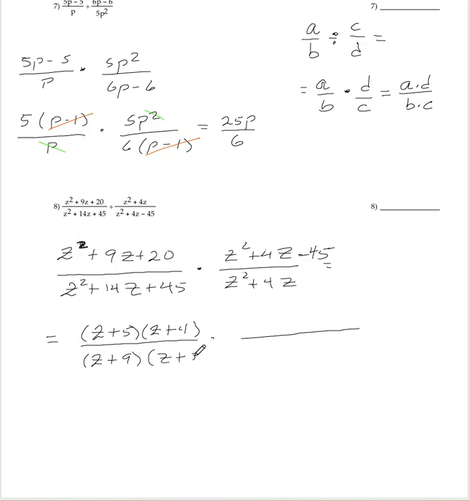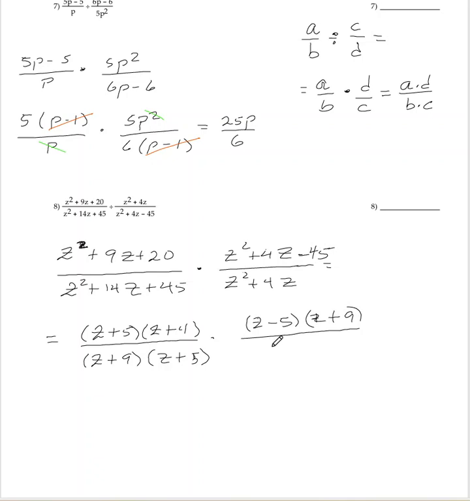Because 5 times 9 is 45, and 9 plus 5 is going to be 14. Now this c squared plus 4c minus 45 will be c minus 5 and c plus 9, because negative 5 times 9 is negative 45, and negative 5 plus 9 is 4.